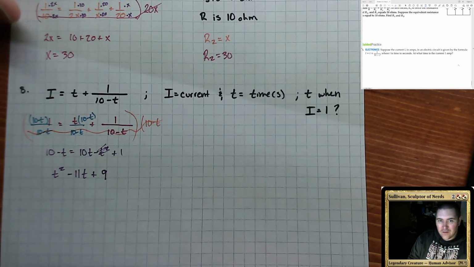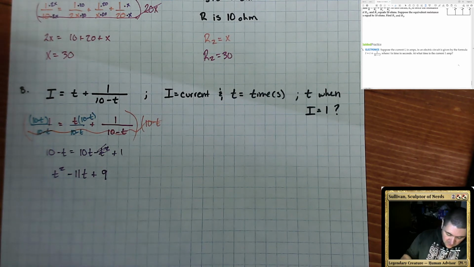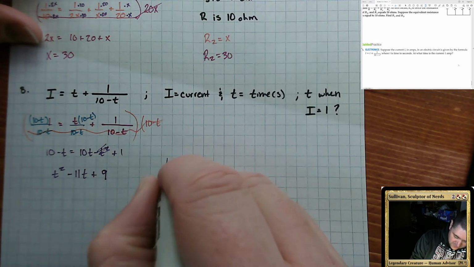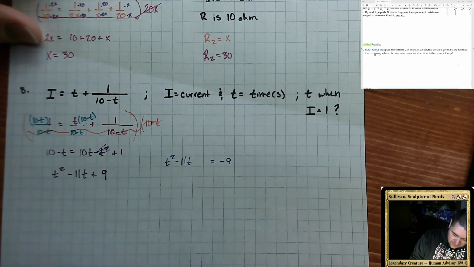If it would have been 10, yeah, you would have had negative 10, negative 1. It just didn't quite make it there. So we're going to have to go to quadratic formula or complete the square. I'm going to keep banging the drum on complete the square. We'll call that T squared minus 11T is negative 9.